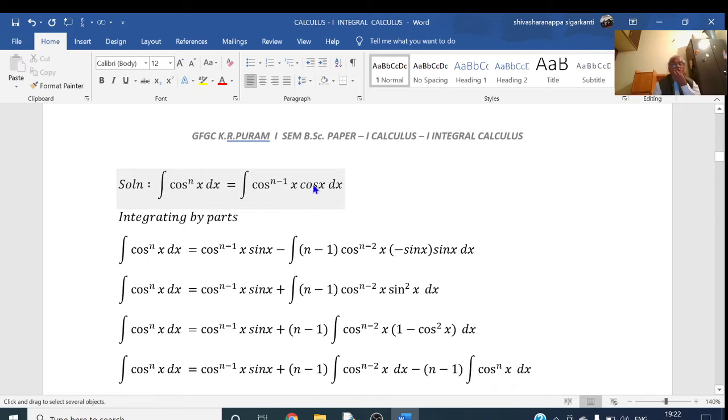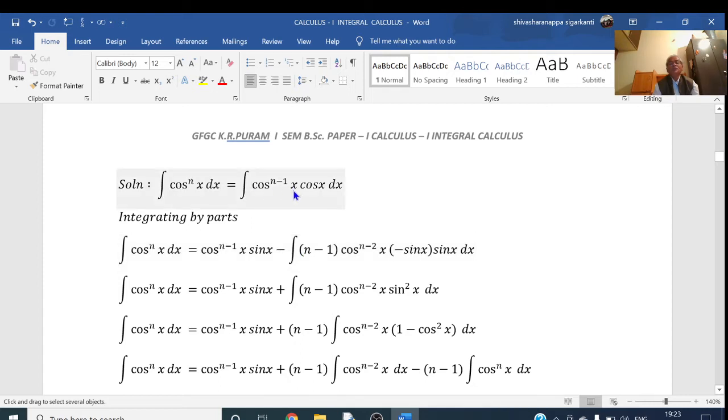Integrating this by parts, taking first function as cos x to the power of n minus 1, second function as cos x. Then first function cos x to the power of n minus 1 into integral of second, cos x integration is sin x, minus under integral sign derivative of first.